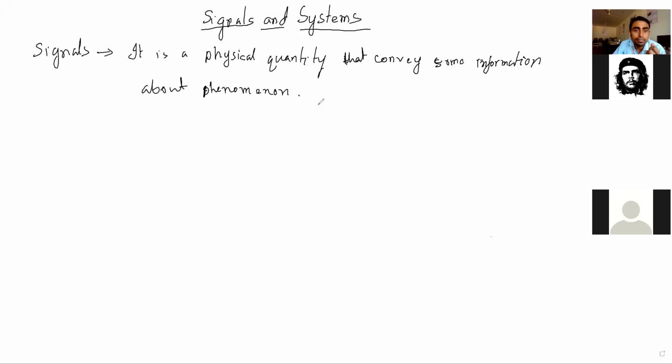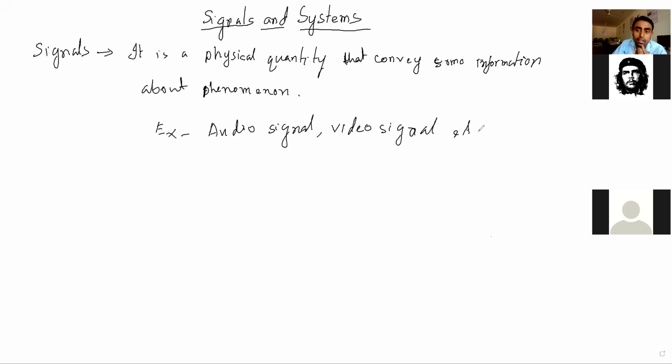Like, as I said, examples are audio signal and video signal. So a signal is nothing but something which conveys some message or information.